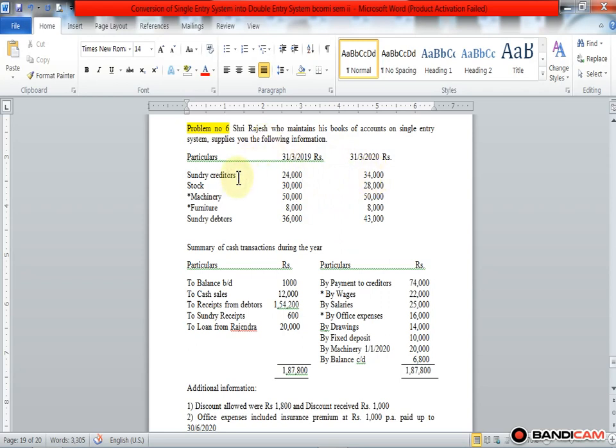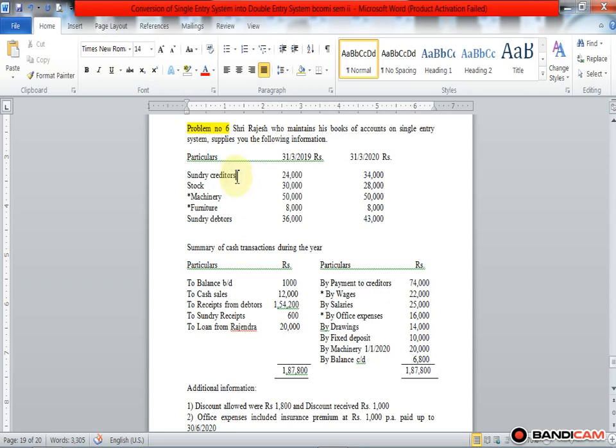In the last lecture we also discussed the effect of creditors, because here we have to find out credit sales, credit purchase, opening capital. The creditors will be posted in creditors account, opening closing balance, as well as opening balance sheet liability side and closing balance sheet liability side.